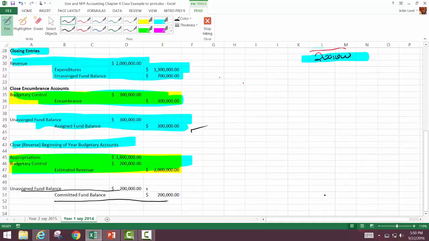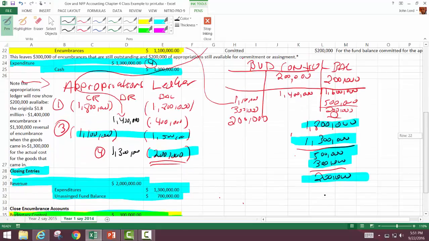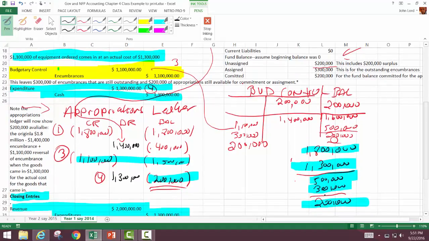Then I'm just telling you, we decided to commit 200,000 of the fund balance. When we took that 200,000 out, we were left with 200,000 that was unassigned, and the 200,000 of unassigned is the surplus, isn't it? 2 million of revenue minus the 1.8 million that we've decided we're going to have appropriated means we'd have 200,000 left over that is unassigned.